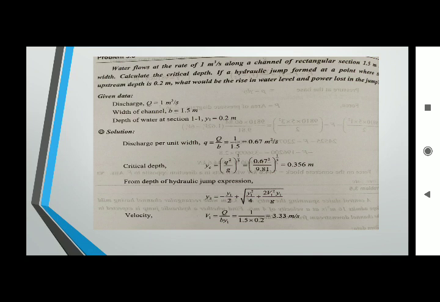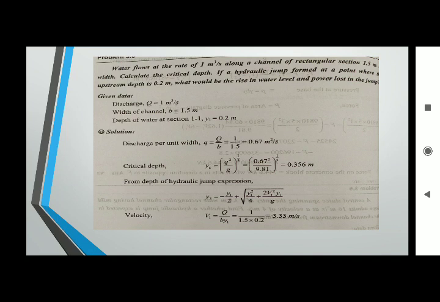Okay, now let's discuss problems. Here just read the problem. Water flows at a rate of 1 meter cube per second. Here discharge is given along a channel of rectangular section, with width 1.5 meter. So by using discharge capital Q and width, I can calculate small q, that is discharge per unit width, which is total discharge divided by width.